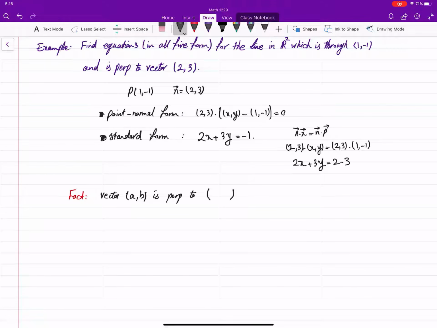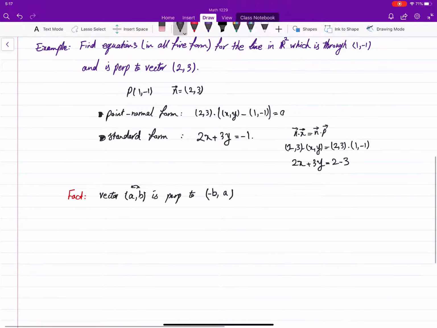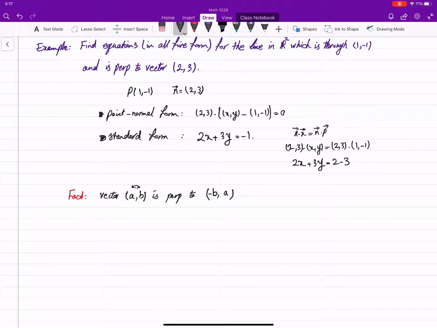Switch the components, so (b, a), and make one of them negative, either (-b, a) or you can do (b, -a). Switch, make one of them negative. This vector is perpendicular to that.